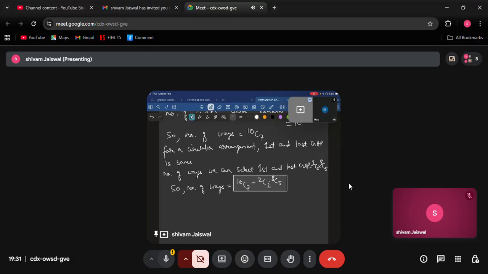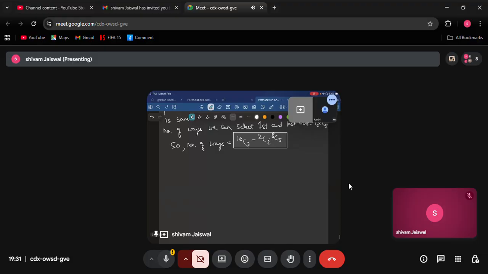Okay. So I'm going to generalize this gap method for circular arrangement. Okay, generalization.